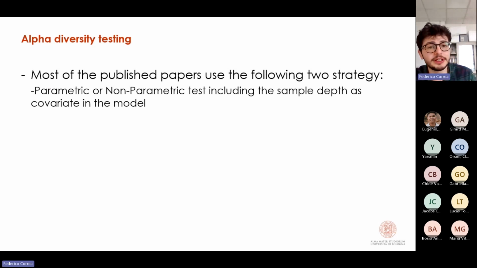And they usually do a simple linear model, and maybe they include the sampling effort, or the number of sequences I have in the samples, in the model to address the sampling effort problem. Because among all the metrics that we have, alpha diversity is the one that is highly affected by the sampling effort.